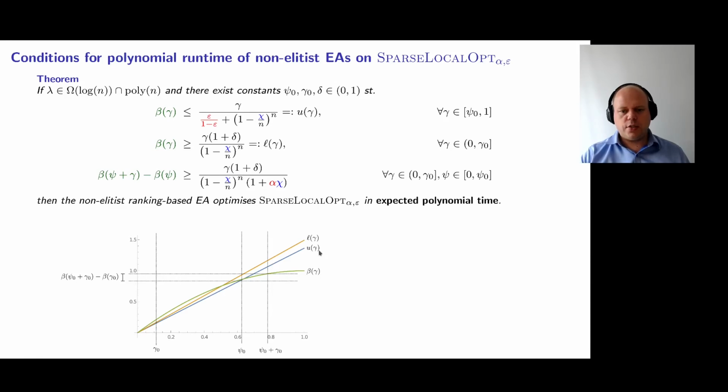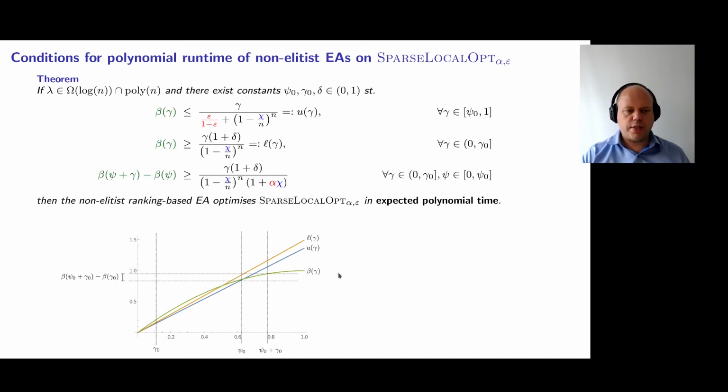The second condition says that for all gamma between 0 and gamma naught, beta of gamma should be at least this function L of gamma, and this is a function of the mutation rate. If you observe here, L of gamma is larger than U of gamma. So this means that the only way for this beta function to satisfy both conditions is that it's non-linear. Any linear choice of beta is going to fail.